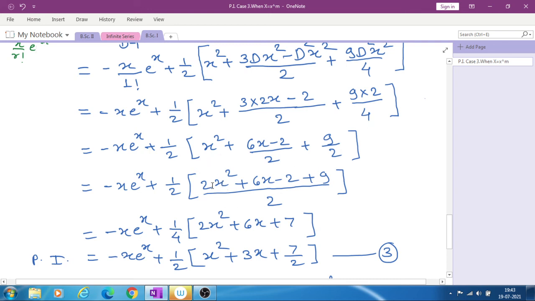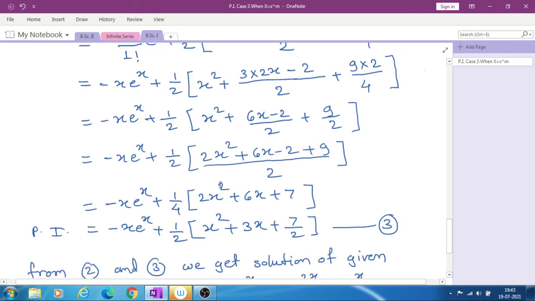So here the denominator is 2, so we take the addition and make the denominator 2, therefore we have to multiply by 2. So 2x square plus 6x minus 2 plus 9, and the denominator is 2.